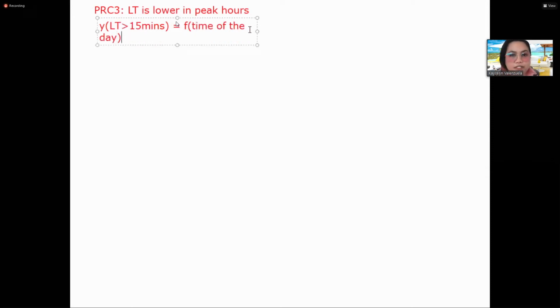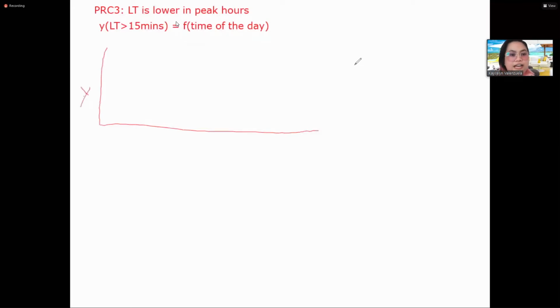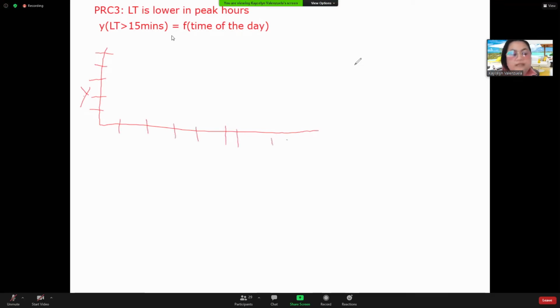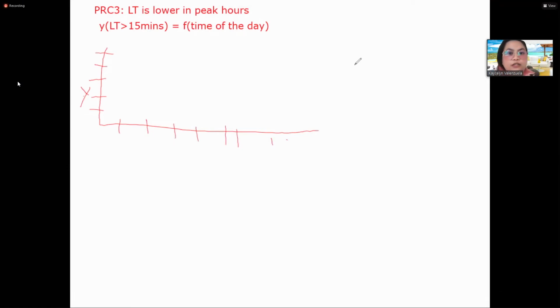Because of peak hours. So if we look at it, let's draw it, how would it look like? This is our Y, so this is lead time. Peak hours. So it's asking if it takes longer to brew or grind the coffee during peak hours. So your X can be time of the day: 8 to 9, 9 to 10, 10 to 11, 12, 1, 2, 3, 4, 5 o'clock.